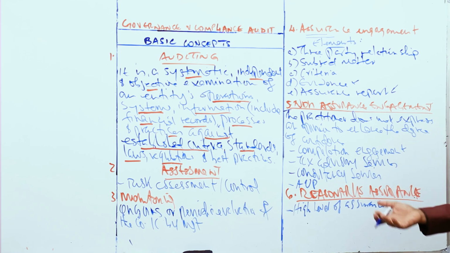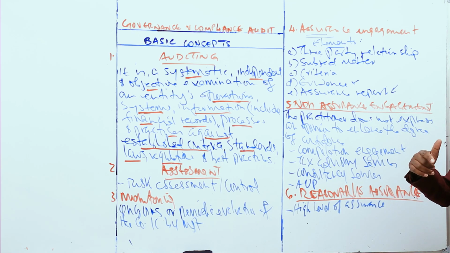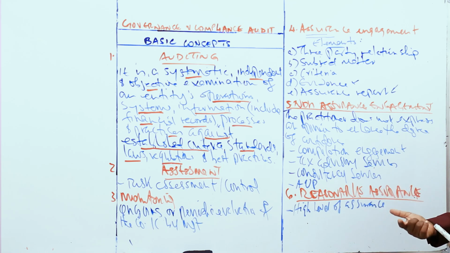In an audit of financial statements, reasonable assurance means that the auditor has obtained sufficient appropriate evidence to reduce audit risk to an acceptably low level.